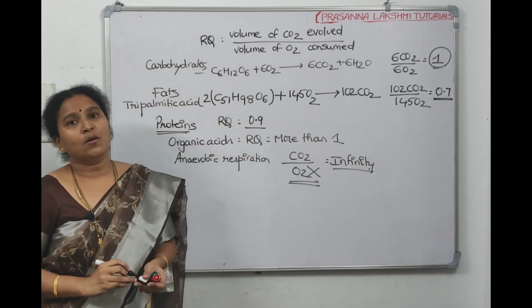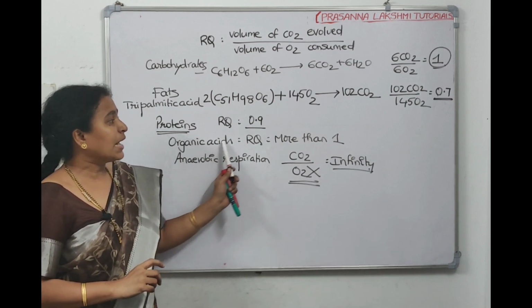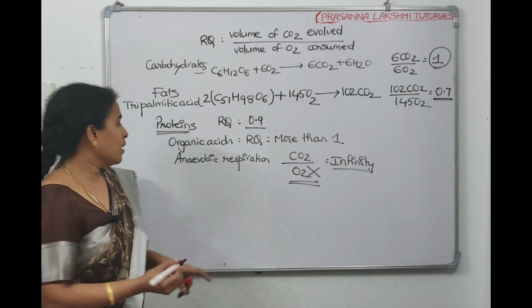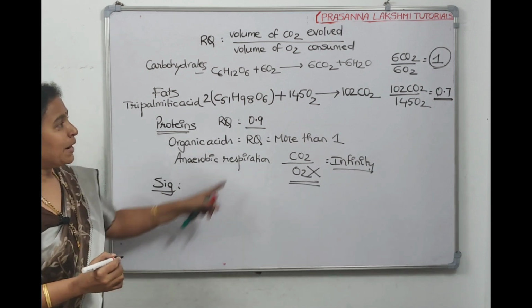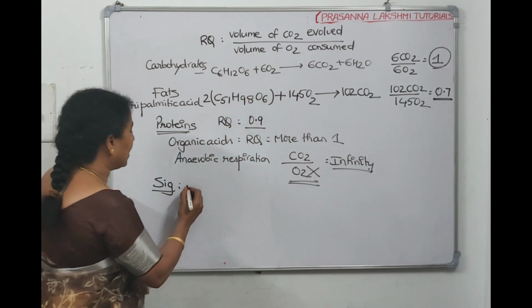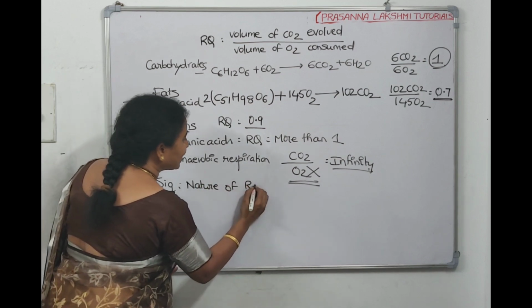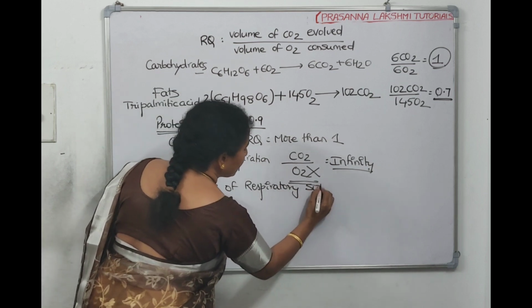RQ of carbohydrate 1, fat 0.7, protein 0.9, organic acids more than 1, and for anaerobic respiration it is infinity. What is the significance of RQ? Depending on the value, we can tell the nature of the respiratory substrate.